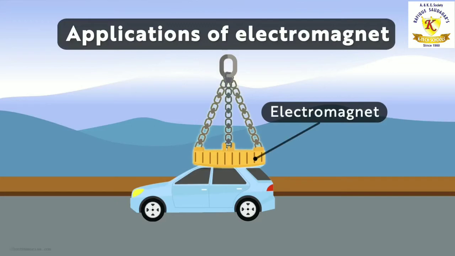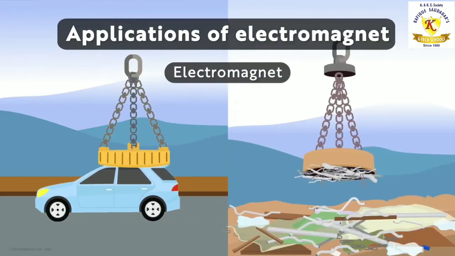This electromagnet is so strong that it can lift the whole weight of the car. Electromagnets are also used to separate metal objects from a pile of junk.